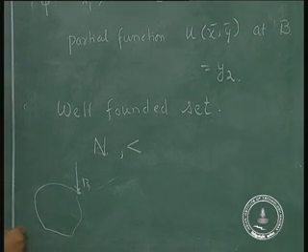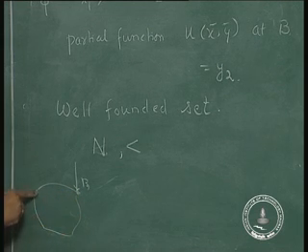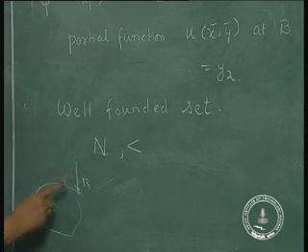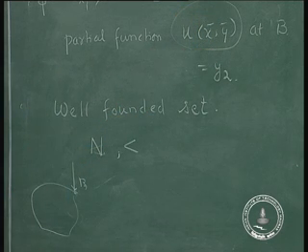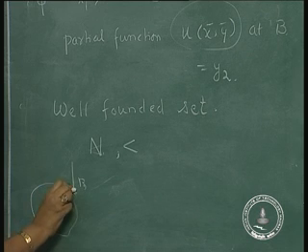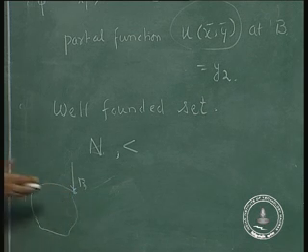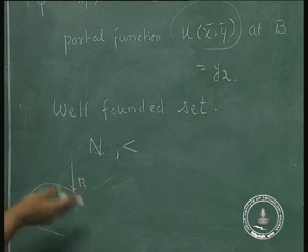Now, the point is that when you go from B to B, the value of this is reduced. So, the first time you go here and the second time you go here, the value should decrease, and because you cannot have an infinite decreasing sequence, there is a least element.